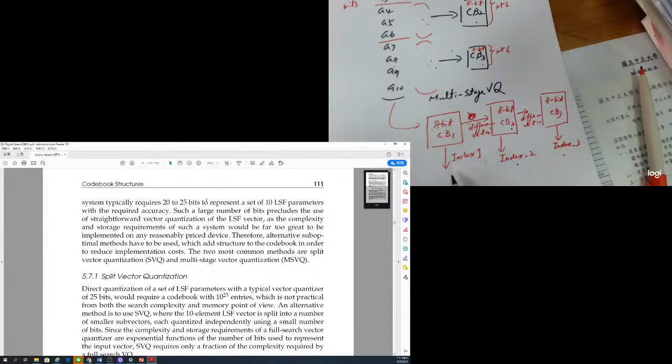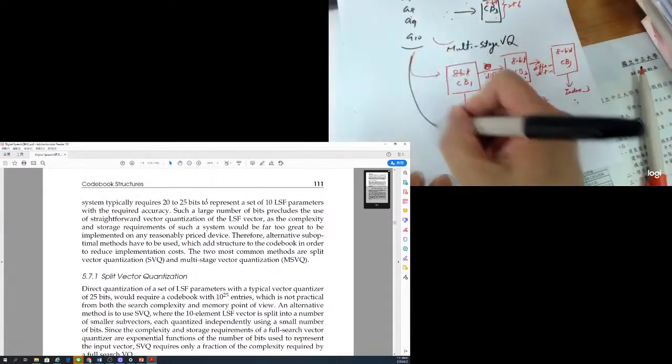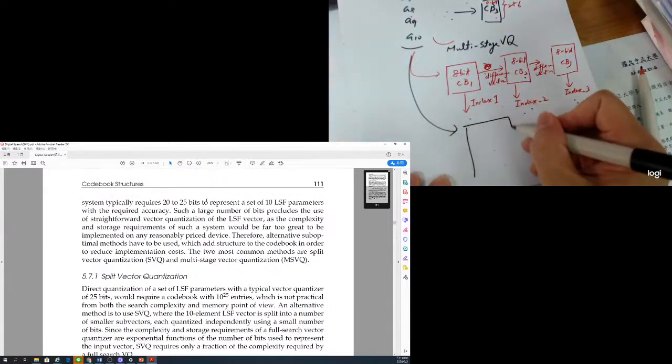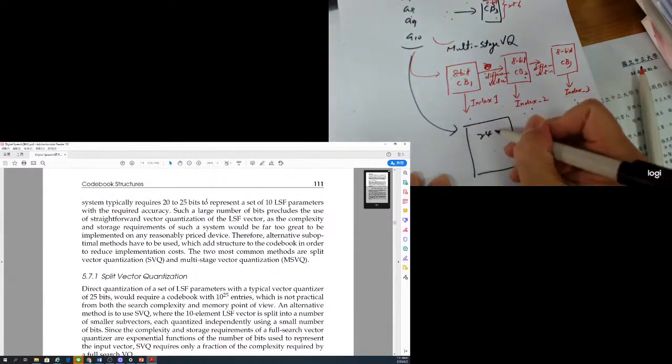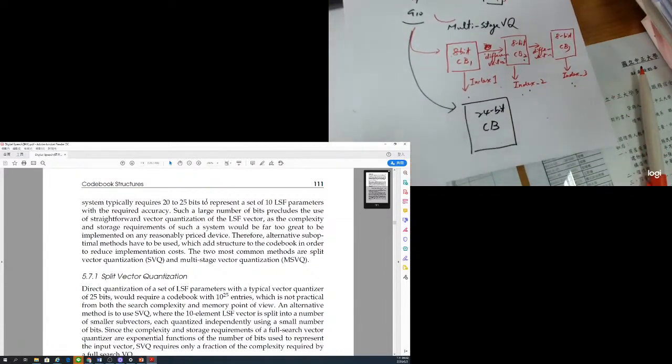Later on, the first mean vector, the difference vector and the second order difference vector are combined together to reconstruct your original signal. So this is multi-stage vector quantization. You might ask why you do not use one 24-bit codebook.